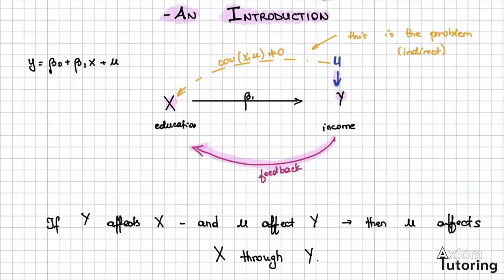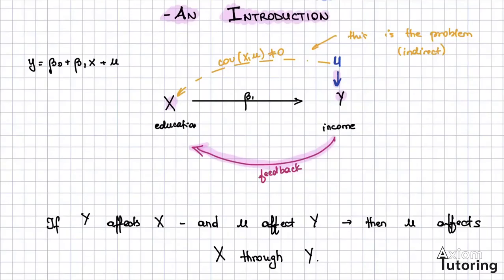Whether it's omitted variable bias, reverse causality, or, as we'll see later on, measurement error, they all create the same forbidden connection between X and the error term. And they all require the same type of solution in a sense. You have to somehow control for or split these two effects from one another.